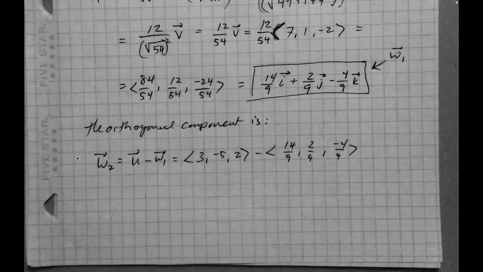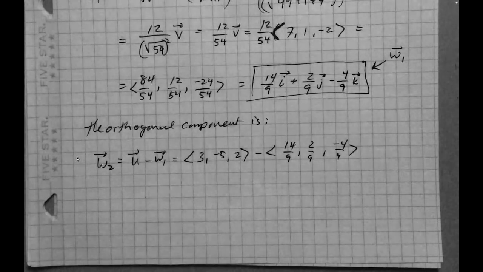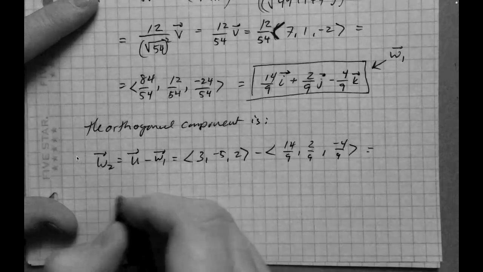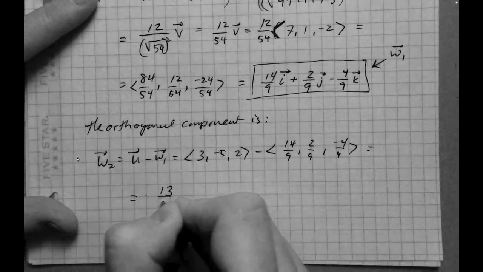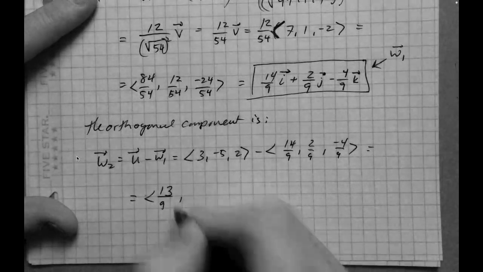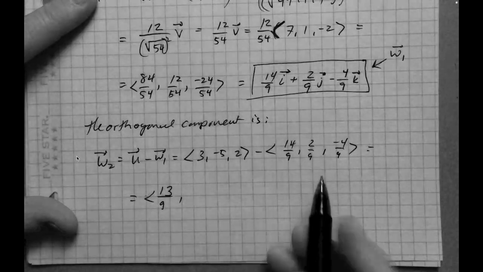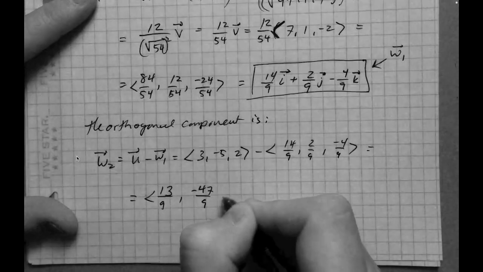Okay, and then the orthogonal component is w2. How do we find it? Take u minus w1. So this is 3, negative 5, 2, minus 14 over 9, 2 over 9, negative 4 over 9. Okay, so you've got those two vectors and we can subtract. It's not a terrible bit of subtraction, but you would end up with 13 over 9, right? 3 minus 14 ninths is 13 over 9. Then negative 5 minus 2 ninths gives negative 47 over 9.